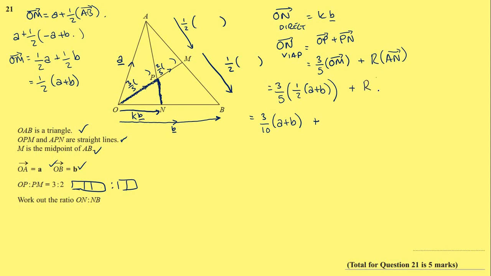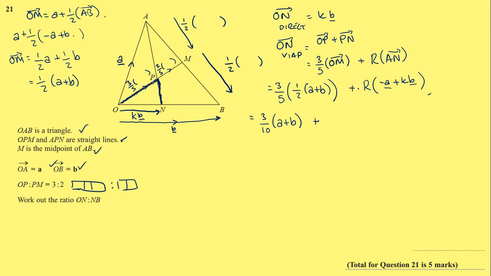Now that's going to be R of, well, to get from A to N, how do you do it? You go negative A plus KB. Negative A plus KB. Now what I'm going to do here is I'm going to expand this out.